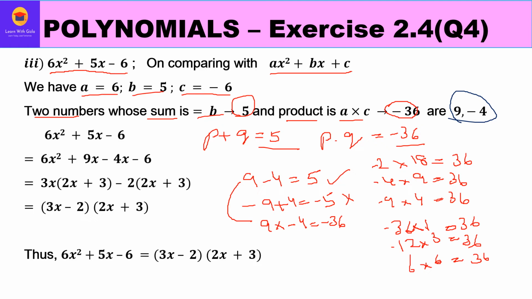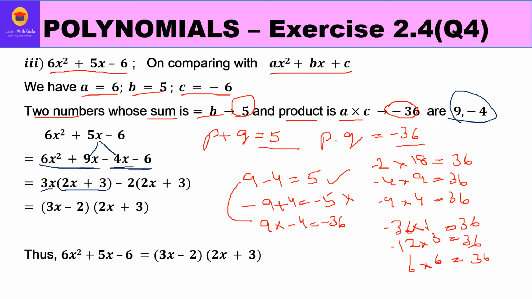And accordingly we will split the middle term, that is 5x, as 9x and minus 4x, right? Now we will make pairs. 6x square plus 9x we can take as a pair, and minus 4x and minus 6 we can take as a pair, and take out the highest common factor of these pairs. So in the first pair we have 3x common. Inside the bracket we are left with 2x plus 3.